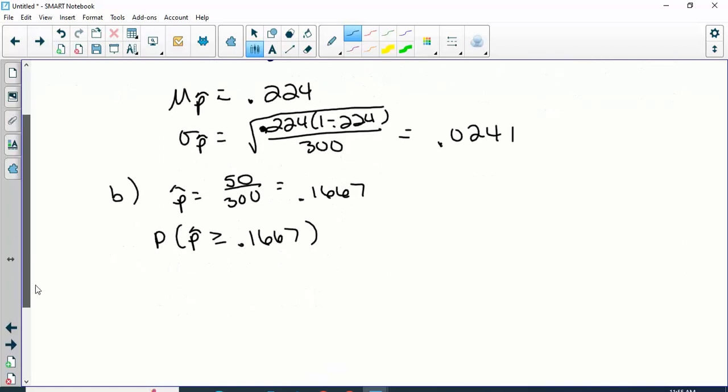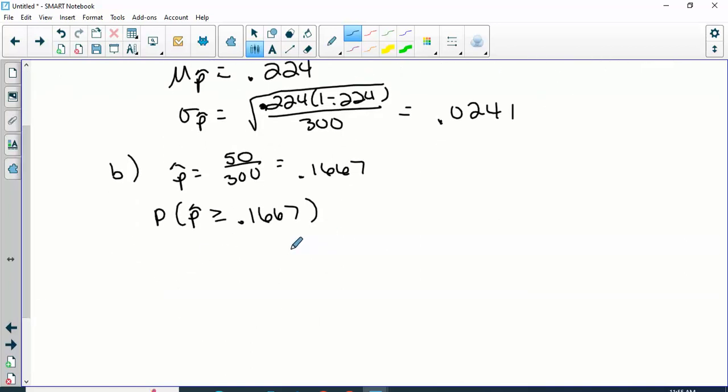What do we do now? So our value minus the mean divided by the standard deviation. Just like keeping one more decimal place on your standard deviation could change your answer slightly, so just make sure you're showing me all of your work along the way.